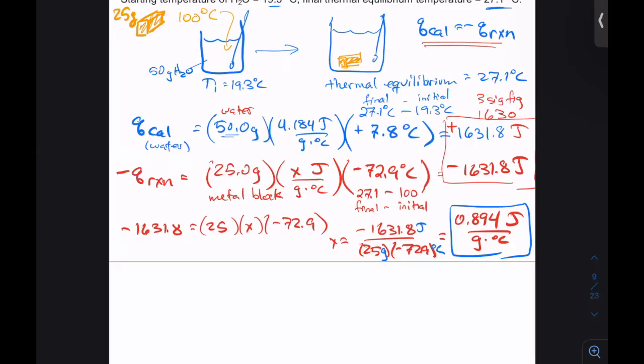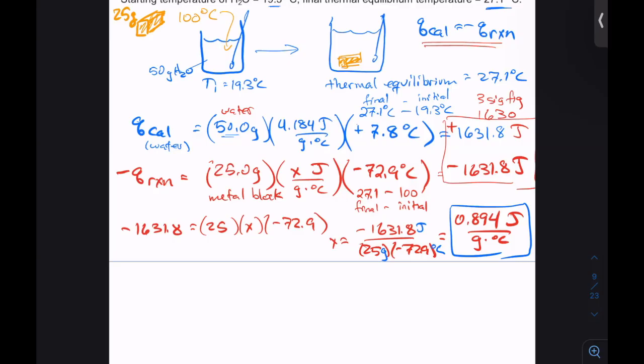So in this case, we followed the sign conventions. I was making sure that we were keeping track of T final minus T initial, and I was using Q of the calorimeter is equal to minus Q of the reaction. But remember that the positive and negative sign, that's just a convention that tells you the flow of energy.